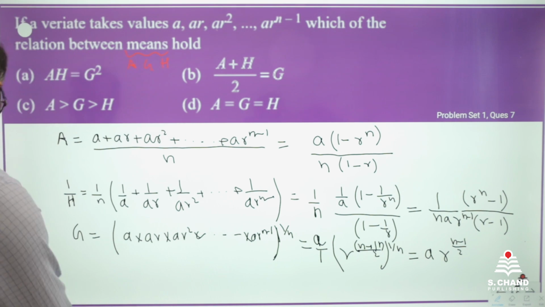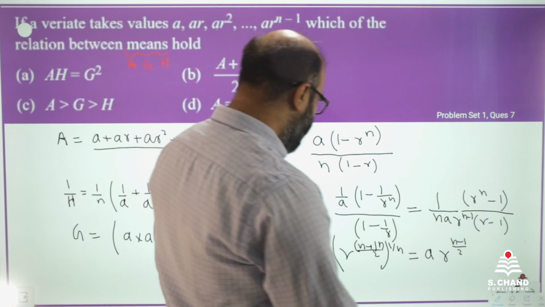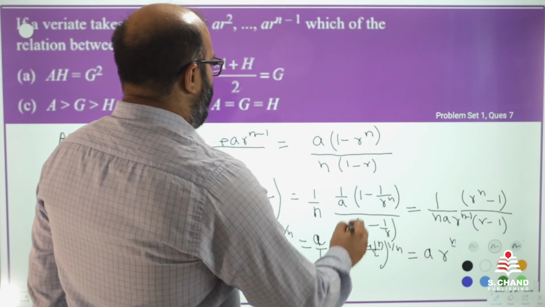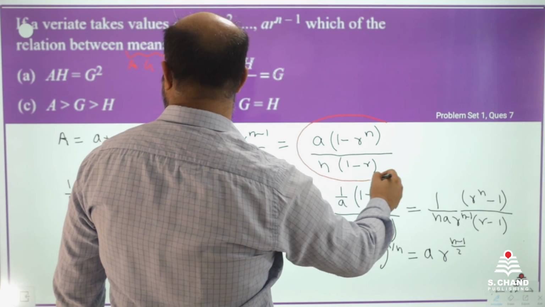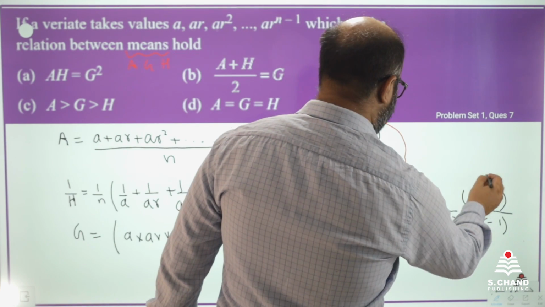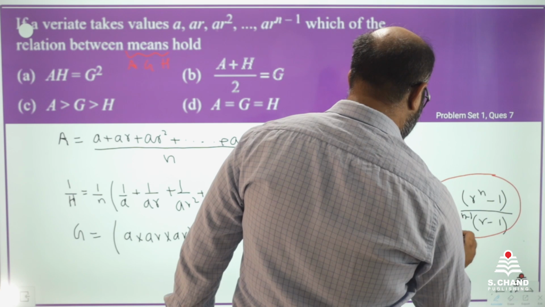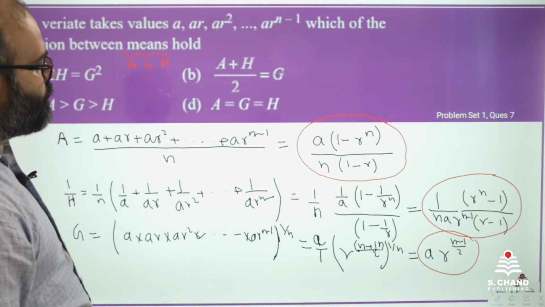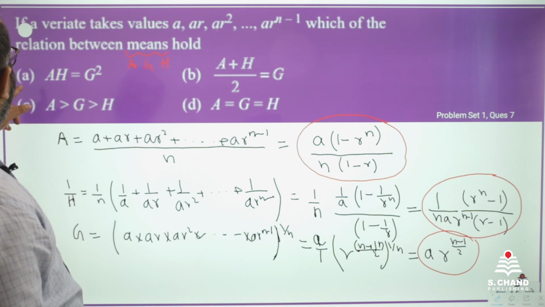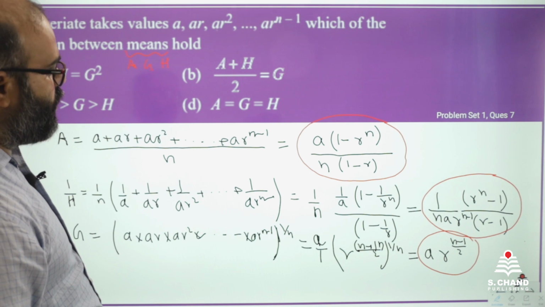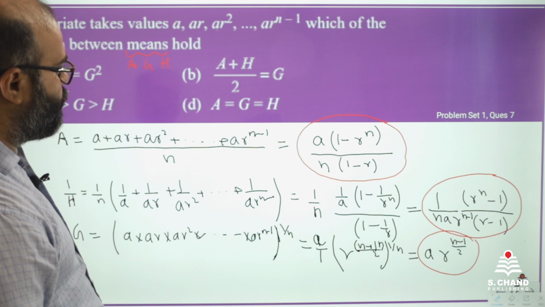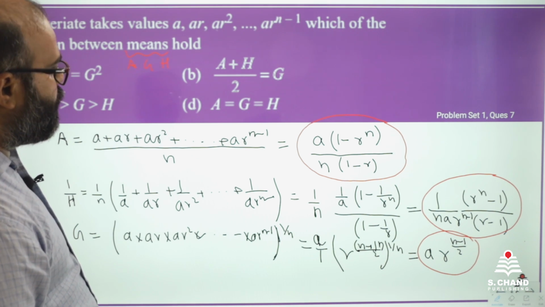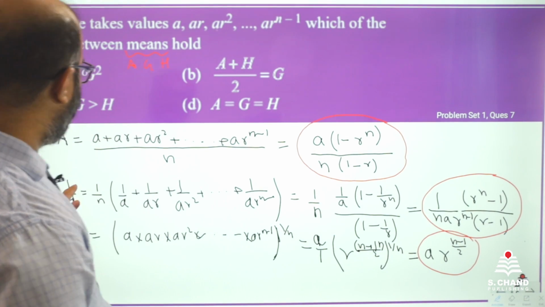Now which of the following relations will be satisfied? It is quite clear here that this is A, this is H and this is G. So if you observe, if you do A into H, what would happen? This is 1 by H, right?